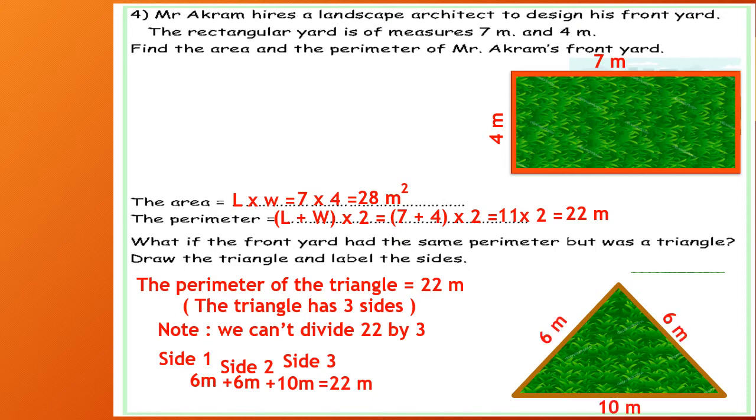So this triangle has different side lengths. Two sides are 6 meters each and the last side is 10 meters.